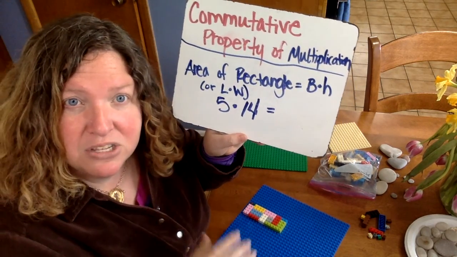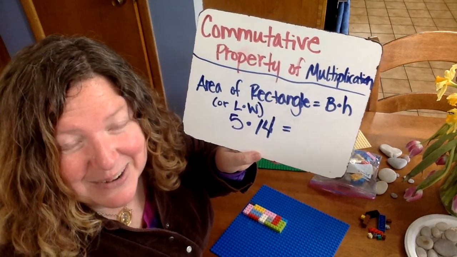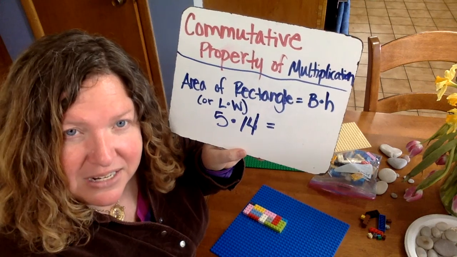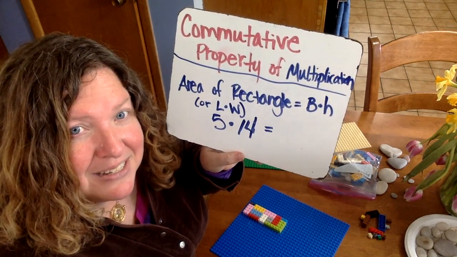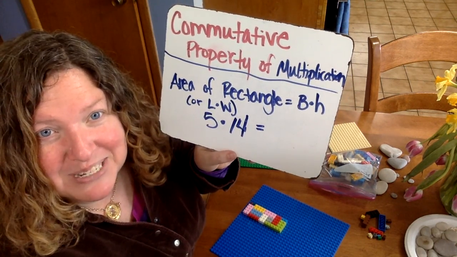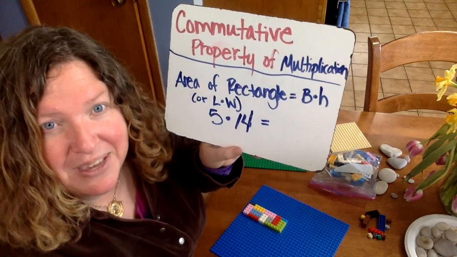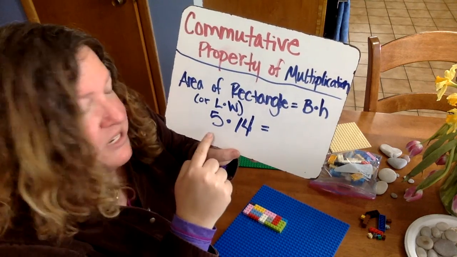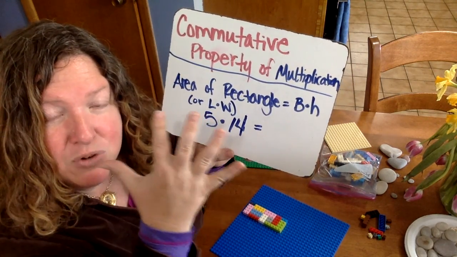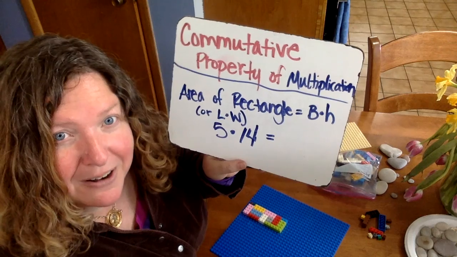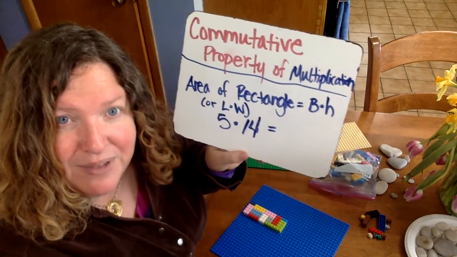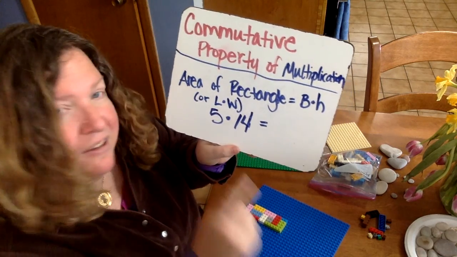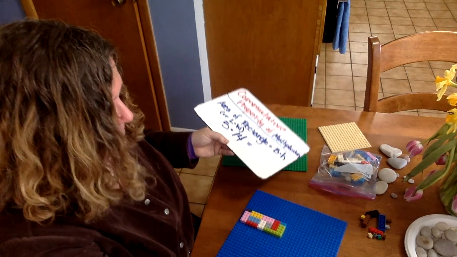There are lots of ways I could solve it, including grabbing a calculator, but if I don't know what 5 times 14 is, I might be able to flip it around using the commutative property and figure out really quickly if I flipped it around to be 14 groups of 5, because I'm great with 5s and a lot of people are. So 14 groups of 5, I might be able to skip count super fast and get the answer. 5 groups of 14, less so.